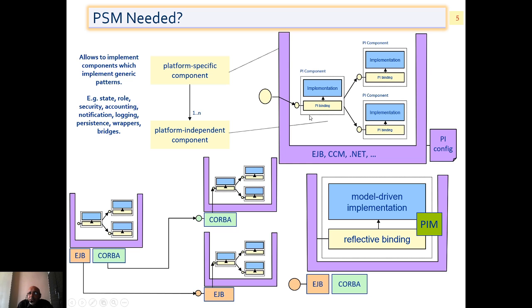Now here the first unit will be interacting with the external world through the lollipop, and this in turn will communicate internally with the PI components, and the infrastructure for this could be EJB, CCM, .NET, and here you have got the platform independent configuration.